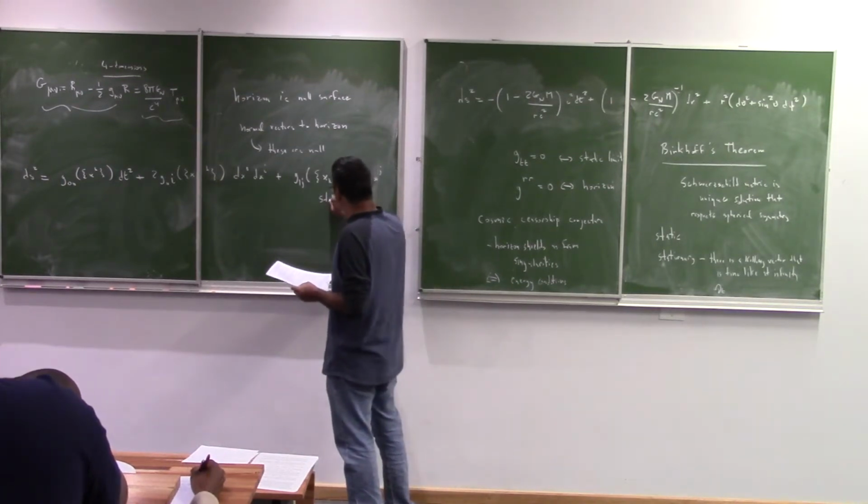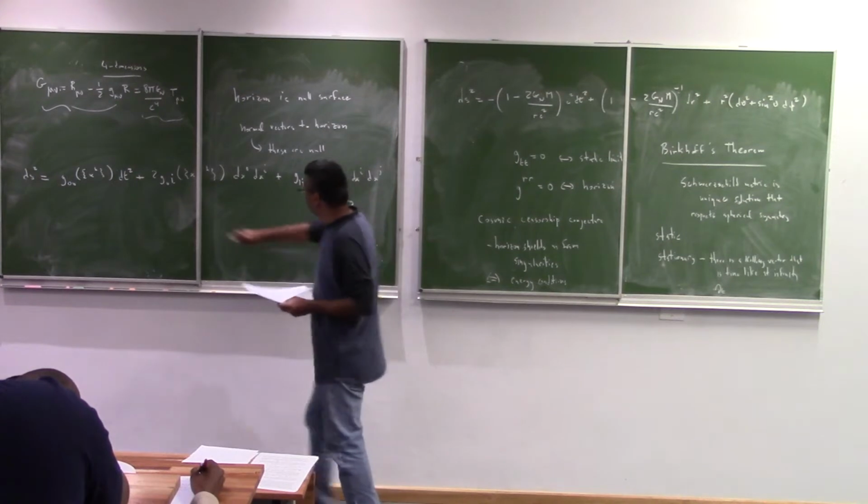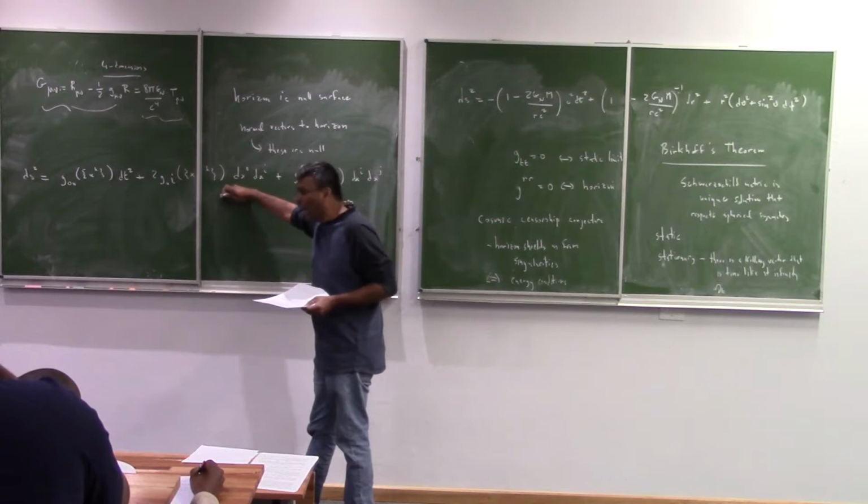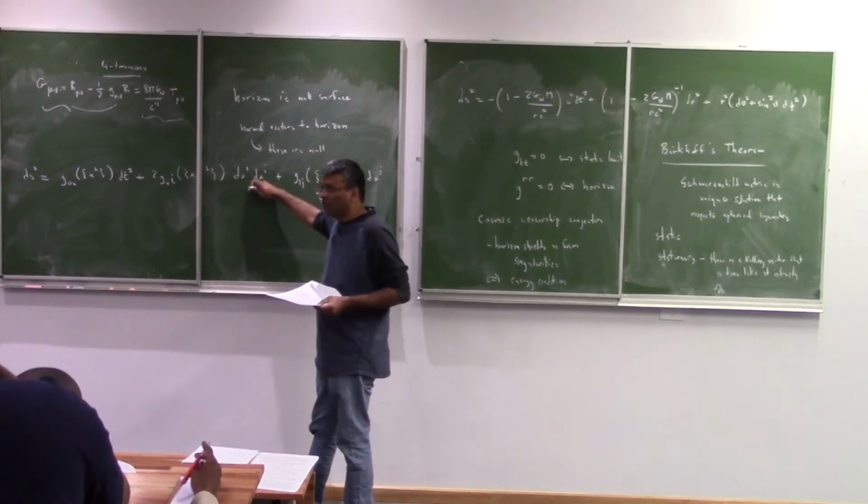A stationary metric can contain, in principle, off-diagonal terms involving a time coordinate and a spatial coordinate.